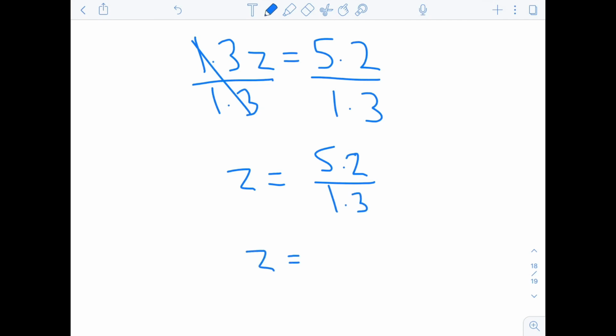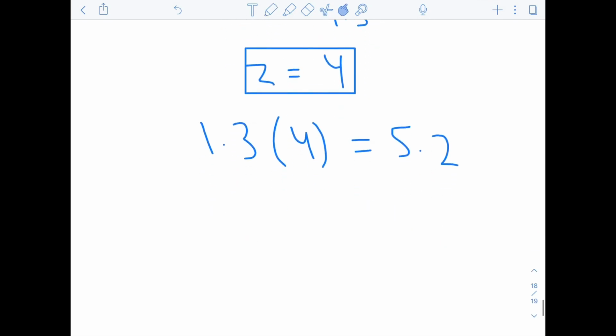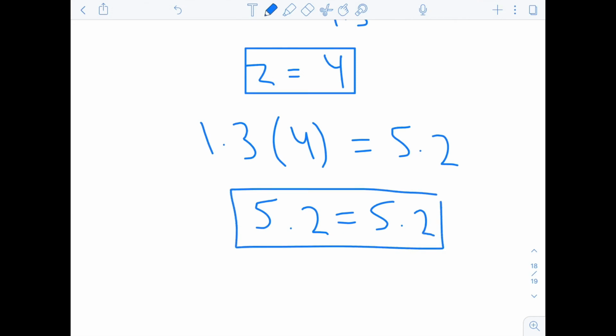And 5.2 divided by 1.3 is 4. Let's plug this in. 1.3 times 4 equals 5.2. And 1.3 times 4 is 5.2, so you're left with 5.2 equals 5.2.